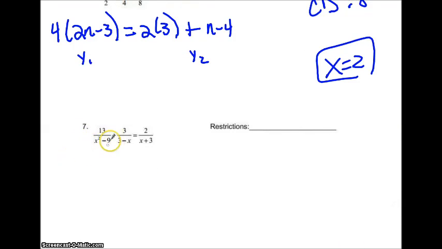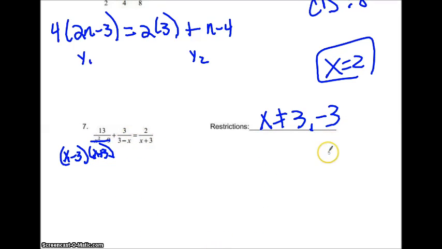Number 7, you need to recognize you have a difference of squares. This is x minus 3 and x plus 3. So your restrictions, x cannot be 3 and it cannot be negative 3. Got to use the opposite signs of what you're seeing there. Common denominator is x minus 3 and x plus 3. This one is good. Oh, but be careful. Because what else is a common denominator? And that's not good.